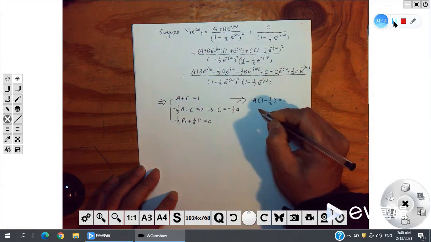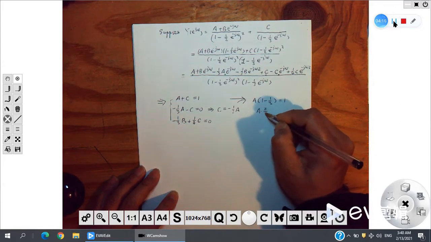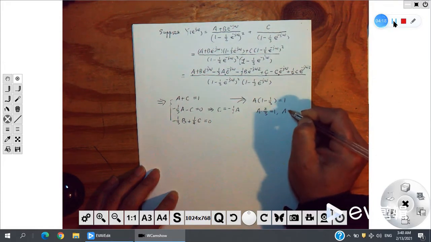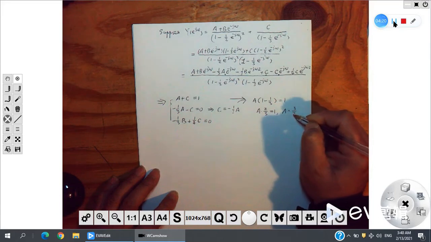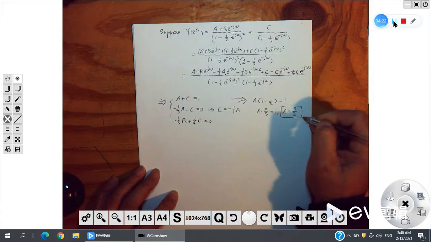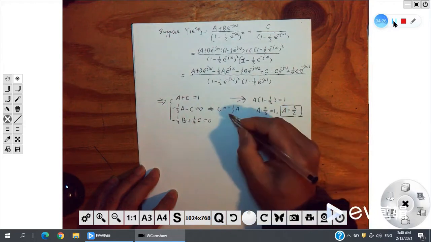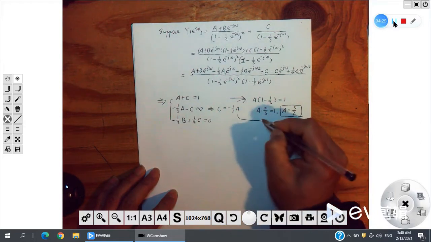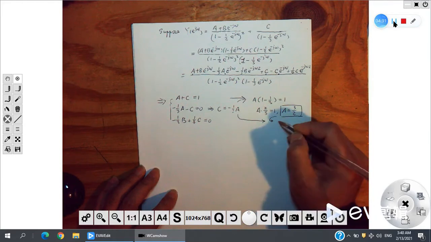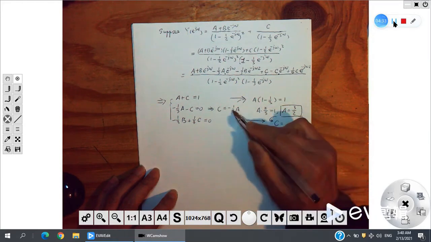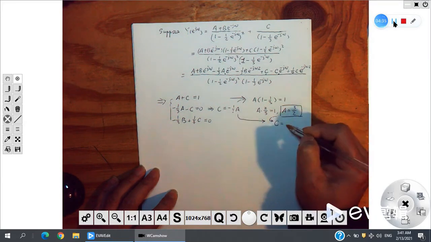So A times 2/3 equal to 1. Then A is 3/2, right? 1.5 is A. Then C, right?